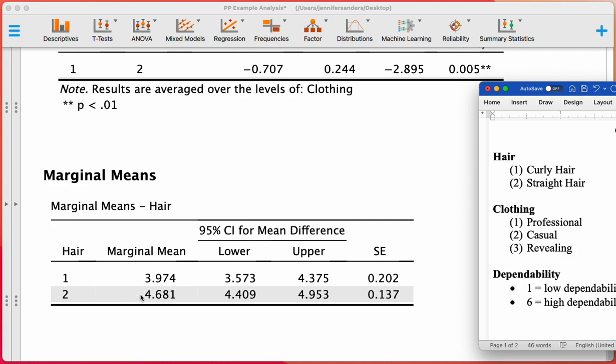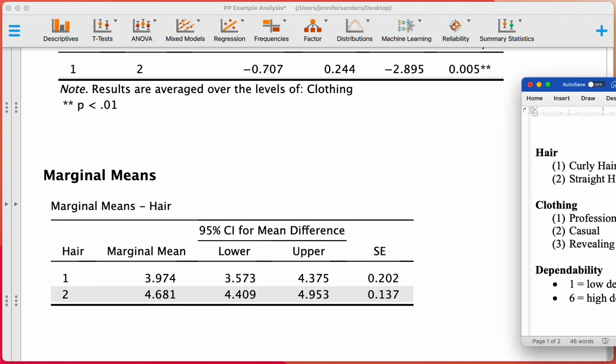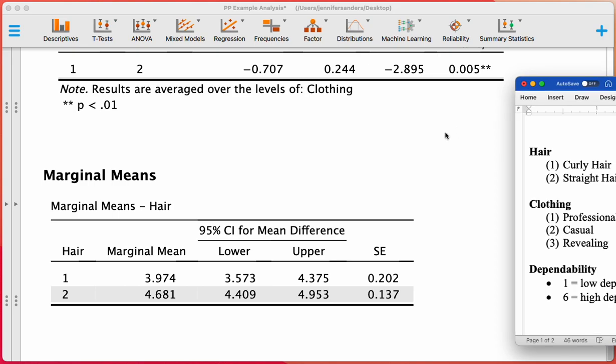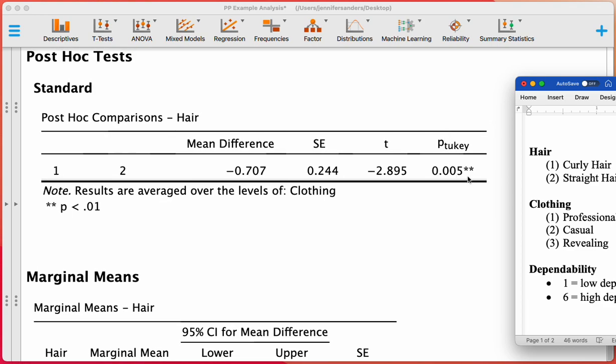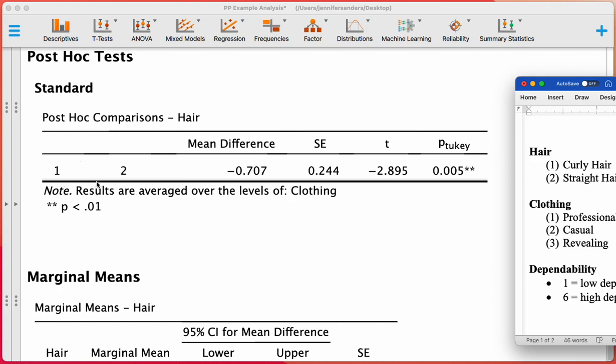And so we can see just by looking at these that there is probably a difference, but we can run the post hoc test to see if that difference is actually significant. So that's up here at the top. So we did get a significant difference. And the way that we read this is just by imagining there's an invisible minus symbol here.